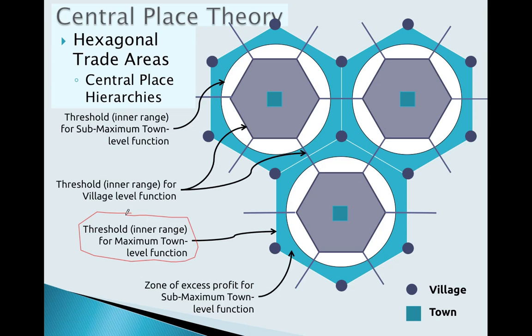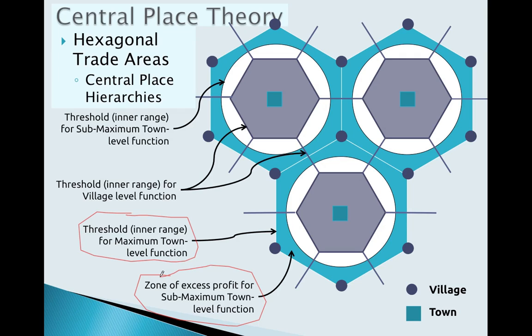Now, in this diagram, what you see is that there are zones of excess profit. And these are, I'm circling them at the bottom of the diagram, and they are shaded in green, and they lie outside of the circle, the white circle.